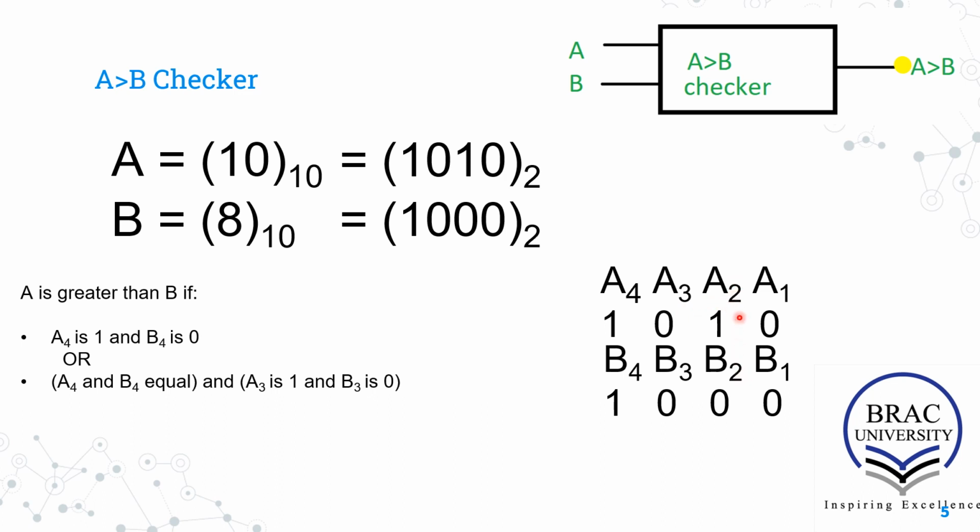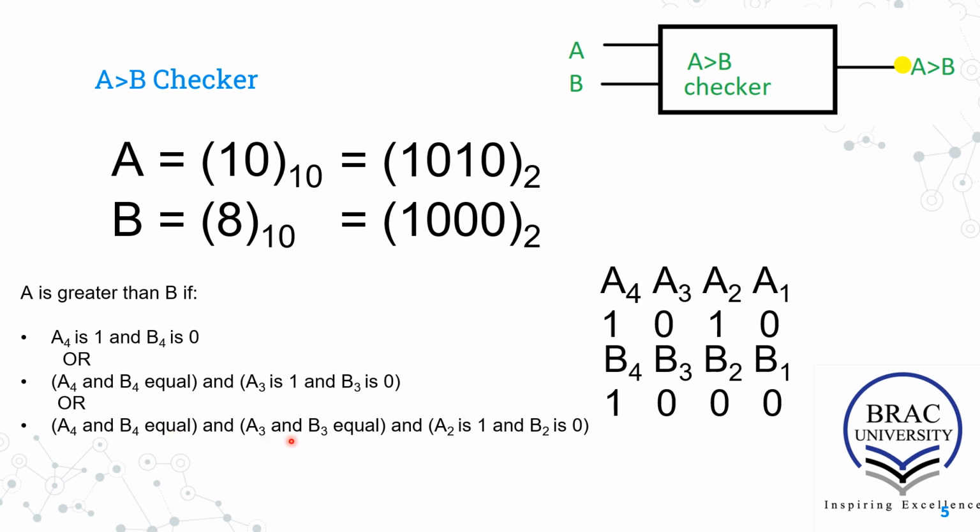And since A4 and B4 were equal and A3 and B3 were equal, looking at A2 and B2, we find that A2 is 1 and B2 is 0. So this tells us that A is greater than B. So apart from these cases, we also know that if A4 and B4 are equal and A3 and B3 are equal and A2 is 1 and B2 is 0, then also we can say that A is greater than B.